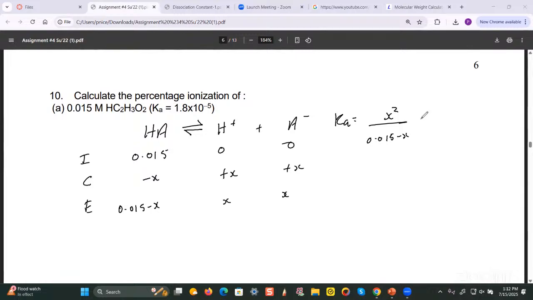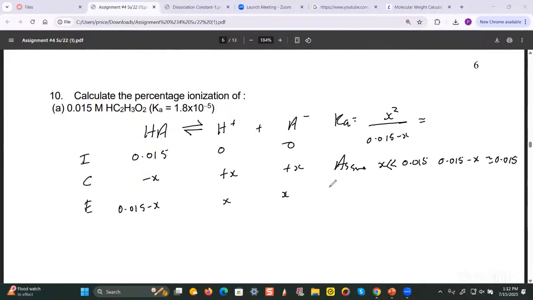And that will equal to, well, let me do this first. So assume X is much less than 0.015. Therefore, 0.015 minus X is approximately 0.015.